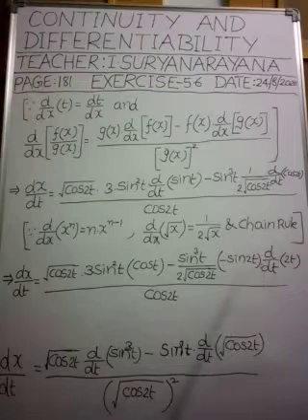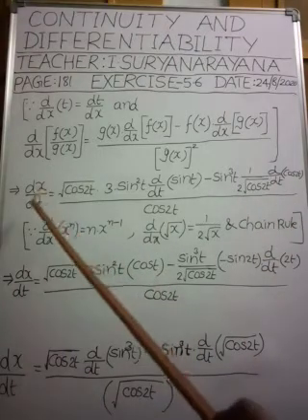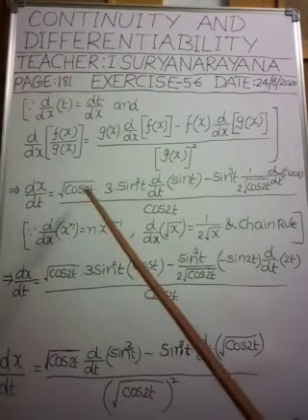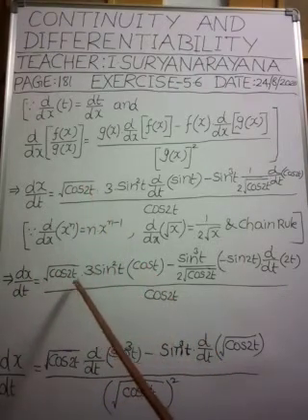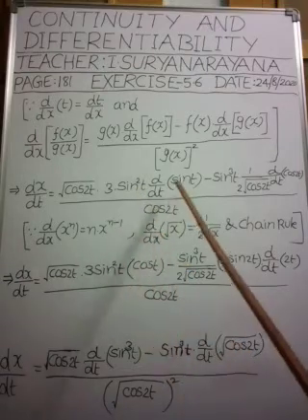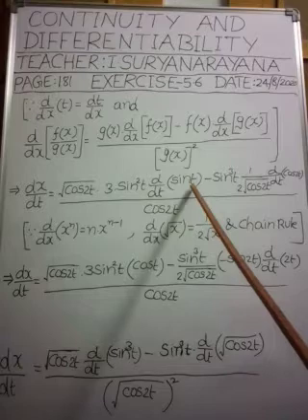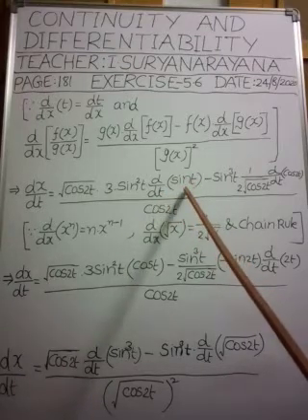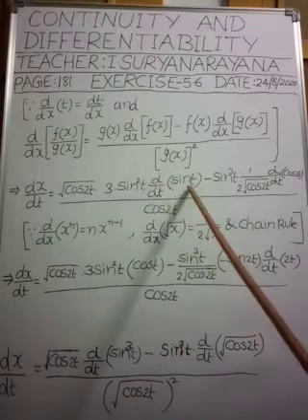Understood, my children? This implies I wrote LHS part as it is, dx by dt is equal to root cos 2t into 3 sin square t. I wrote this part also as it is. Come to this part, d by dt of sin t. Which formula is suitable for this function? d by dx of sin x.